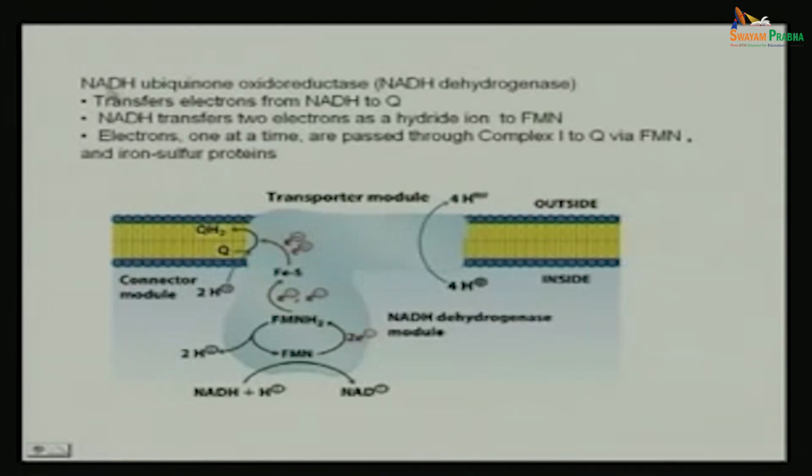This NADH ubiquinone oxidoreductase, that is NADH dehydrogenase, transfers the electron from NADH to Q. NADH transfers 2 electrons as a hydride ion to flavin mononucleotide. Electrons are passed one at a time through complex 1 to ubiquinone via FMN and the iron sulfur protein, and in this way the function of complex 1 is completed.